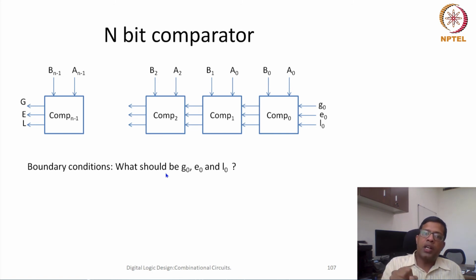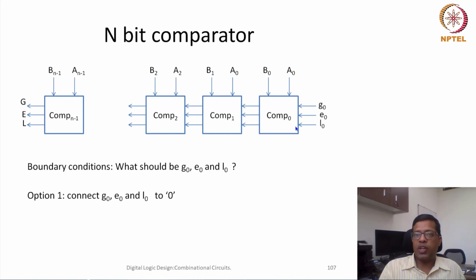So here we clearly know that the inputs are A and B, so we have to find out what should be the value of G, E and L so that my comparator 0 is correct. In this particular case, one option is that we say it is neither greater, nor equal, nor less than.